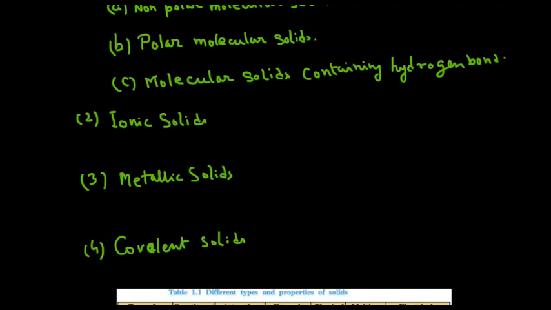It cannot conduct electricity because no free electrons are there. Thus, it can be seen that for 2 allotropes of the same element, if intermolecular force and hybridization form are different, there is a great change in their properties.